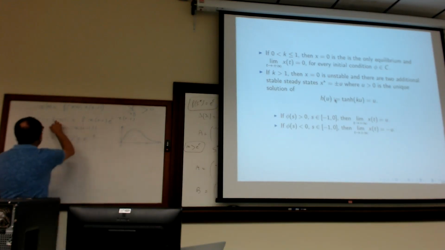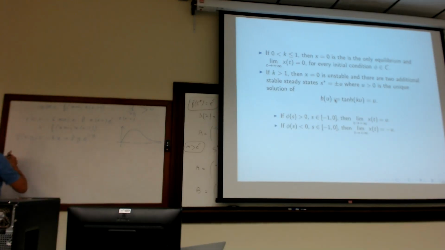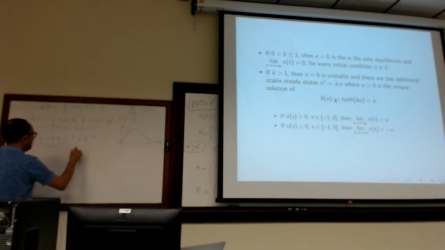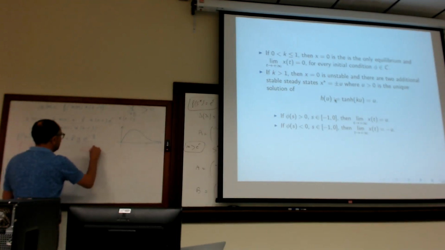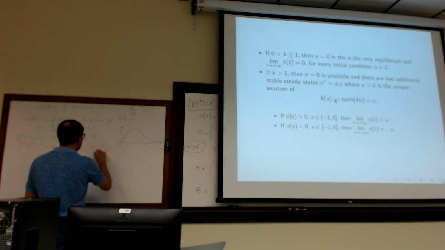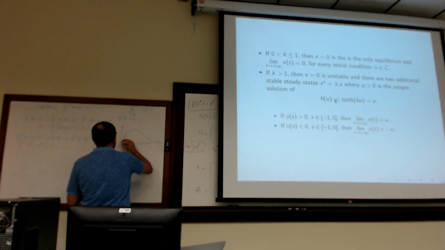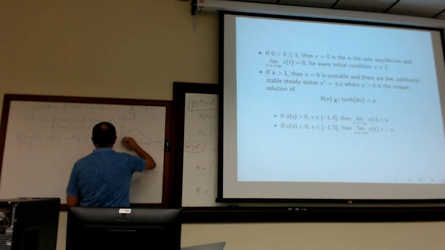If the steady state is a solution of this equation, that means it's a solution of delta equals to this equation, that means the intersection between, there is 0, maybe I didn't put it correctly.